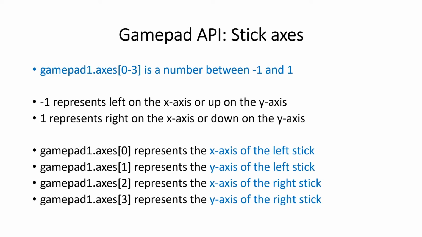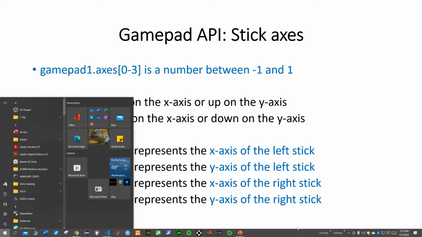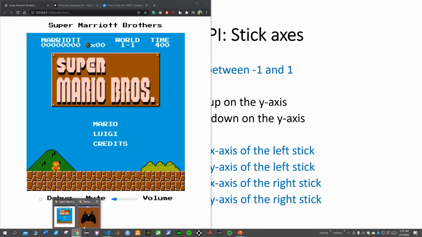Also, axis of 0 is the x-axis of the left stick, axis of 1 is the y-axis of the left stick, axis of 2 is the x-axis of the right stick, axis of 3 is the y-axis of the right stick. As you can see, they are paired up, so it should not be hard to think which one you should use.